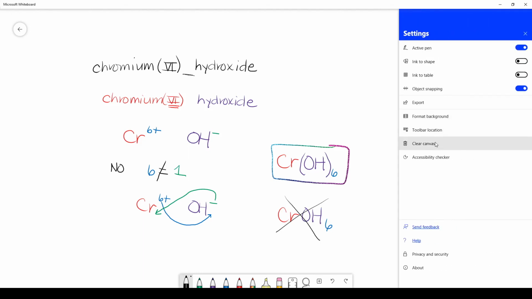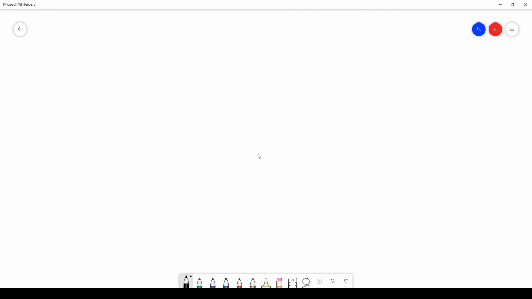So we'll move on to our last example of naming a formula. And we have magnesium carbonate. Okay, so we're going to just go through our rules the same way that we have before after we color code.